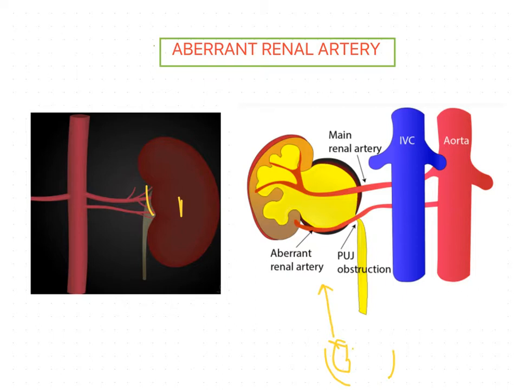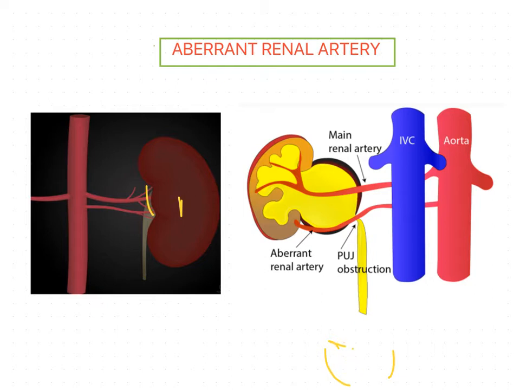There the kidney undergoes medial rotation of 90 degrees so that the hilum turns medially. As it ascends, the kidney derives its blood supply from the fetal renal arteries.